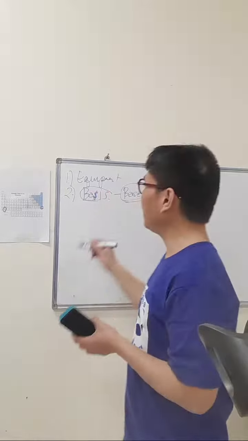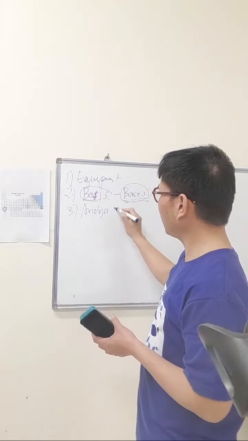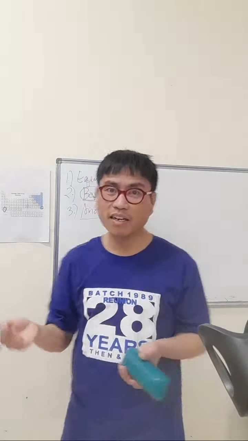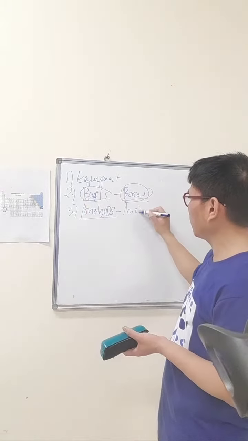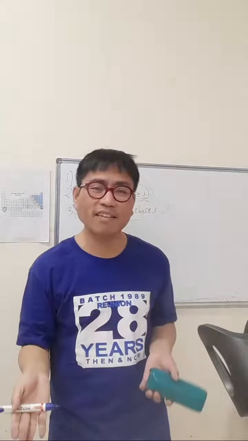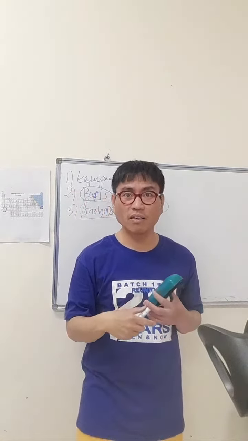Number 3, analysis. Analysis is a singular term with I. With E, plural: analyses. So you will never use analysis if you have so many analyses in your scientific research. It will be wrong grammar.